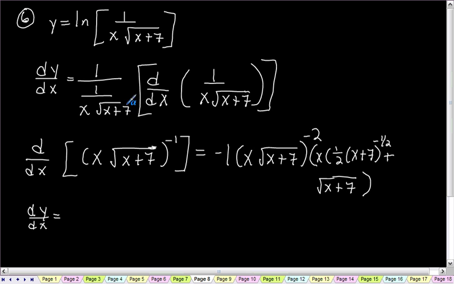If I change this to the top, I multiply the top and the bottom by x over x, the square root of x plus 7 over 1. Do that to both. Basically this here becomes x square root of x plus 7. That's that part right there.